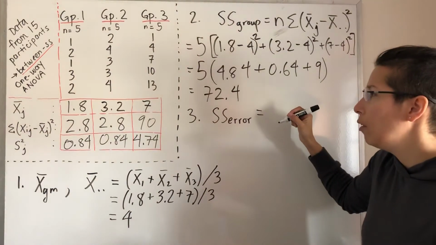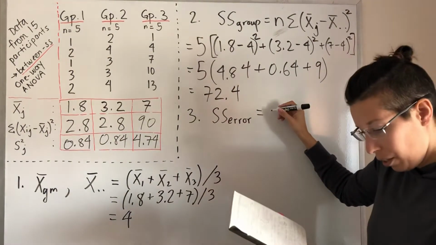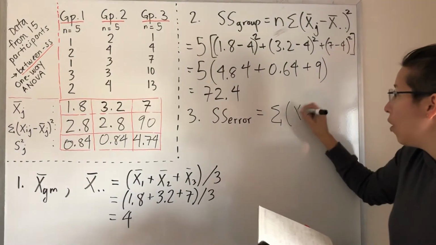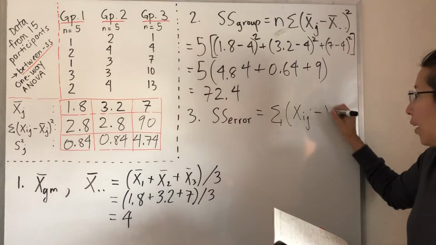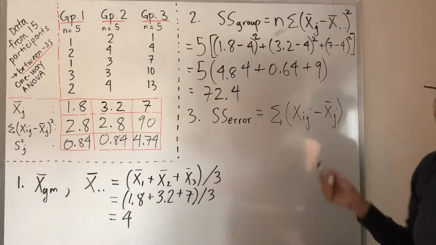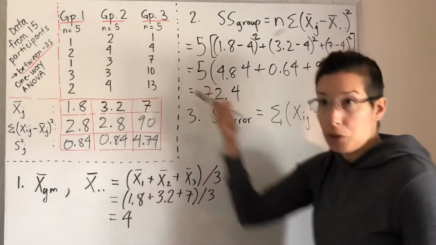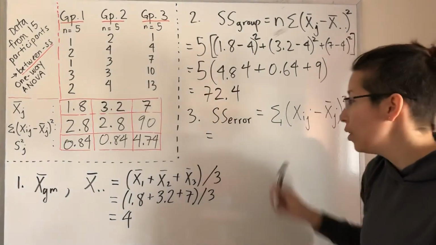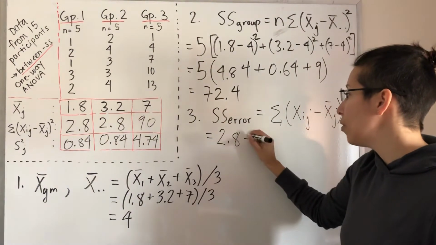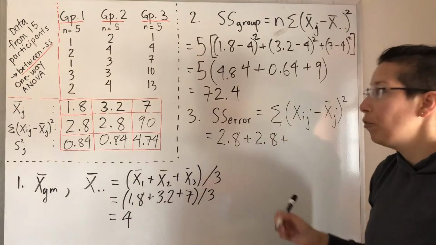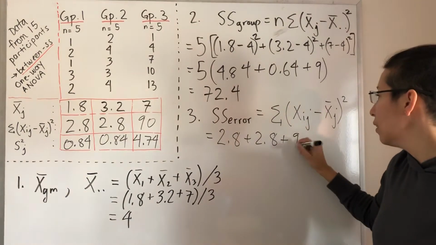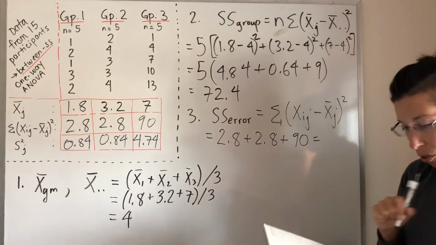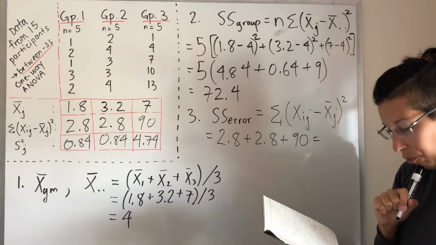So we would have, what is that, 2.8? Yeah. So it'd be the sum of all these individual scores minus the group mean, where, depending on which group they're from, you square that, but then we already did those, so you would just have 2.8 plus another 2.8, and then within group variance for group 3 is 90, and so that equals 95.6.